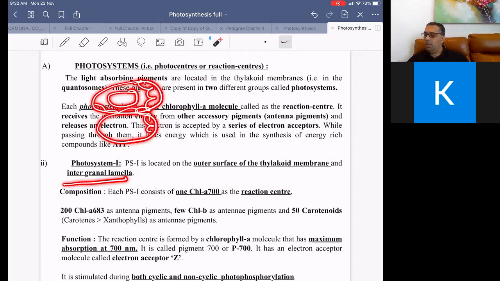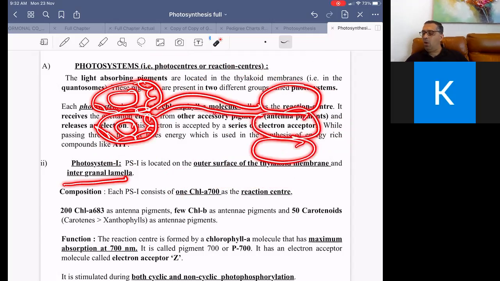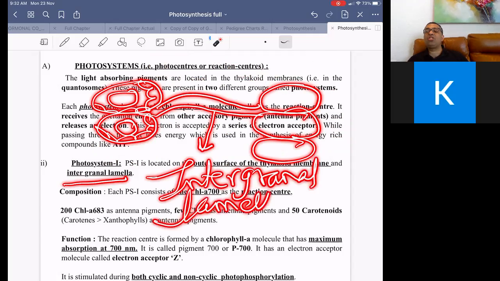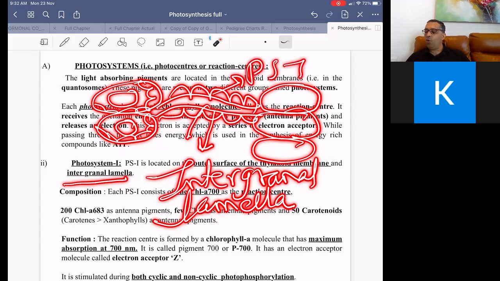And do we remember that between grana are found intergranal lamellae, also called frets channels. किया था last lecture. तो outer और इंटरग्रैनल लैमेले के ऊपर भी होते हैं फोटोसिस्टम 1. तो फोटोसिस्टम 1 कहां कहां प्रेजेंट है?